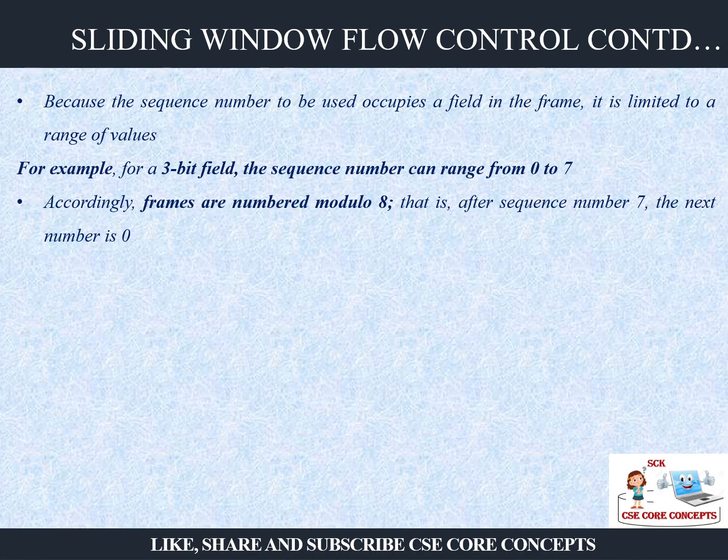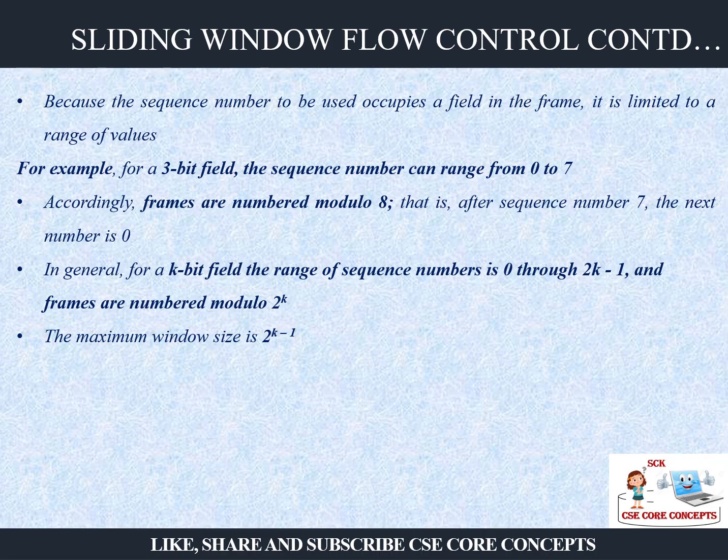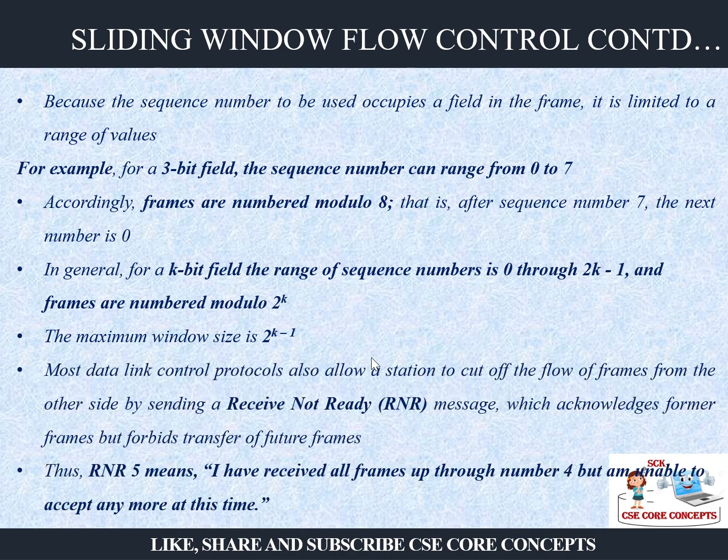So frames are numbered modulo 8. That is, after sequence number 7, the next frame is again 0. In general, your sequence number is 0 to 2 raised to the power k minus 1, and the maximum window size is 2 raised to the power k minus 1.